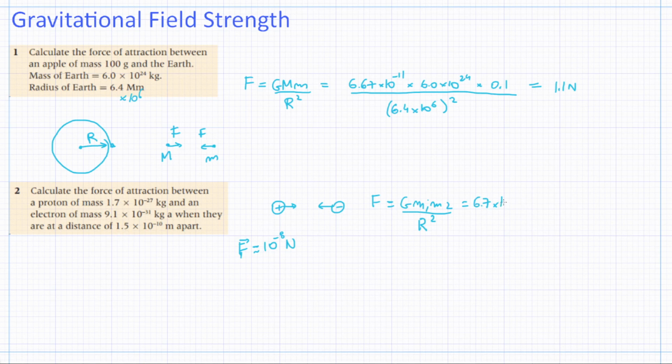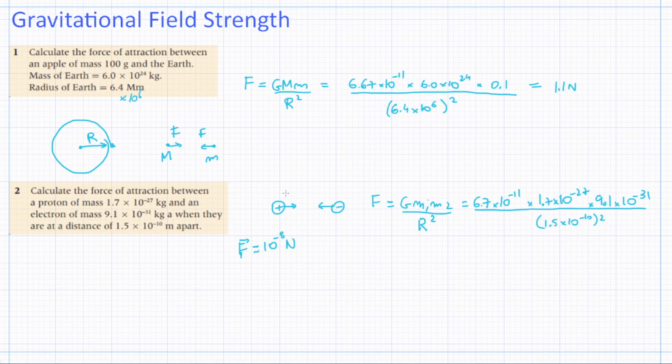So 6.7 times 10 to the negative 11 times, now we'll have to use both masses, 1.7 times 10 to the negative 27 and 9.1 times 10 to the negative 31. All of this over r squared, which is 1.5 times 10 to the power negative 10, squared.